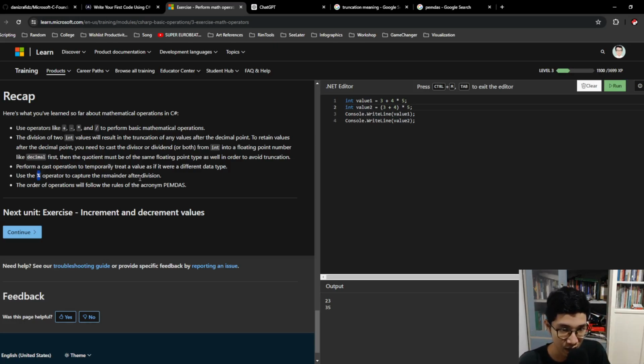It acts like division, but the difference is it captures the remainder. Like the modulus of 7 and 5 is equal to 2, because the remainder of 7 divided by 5 is 2. That's it.